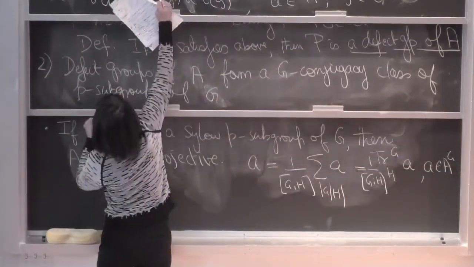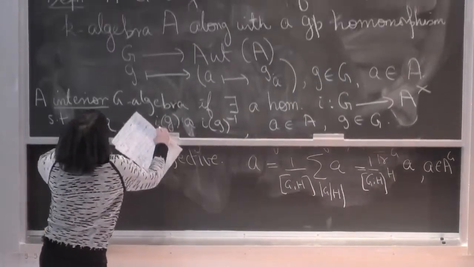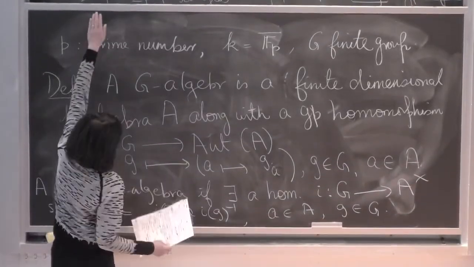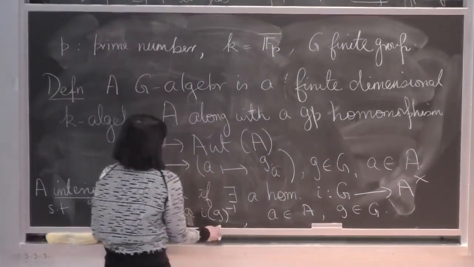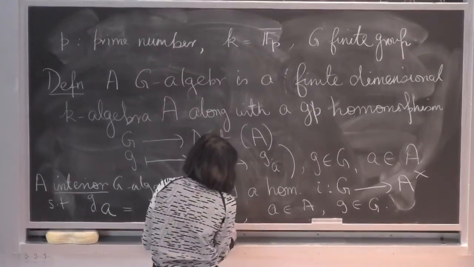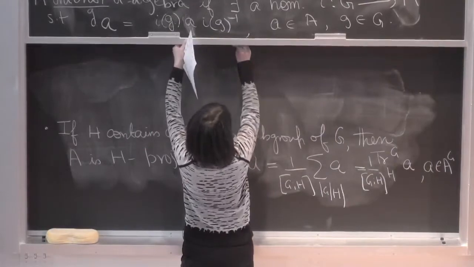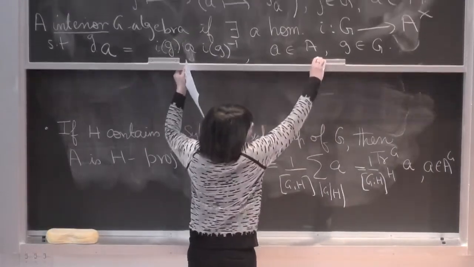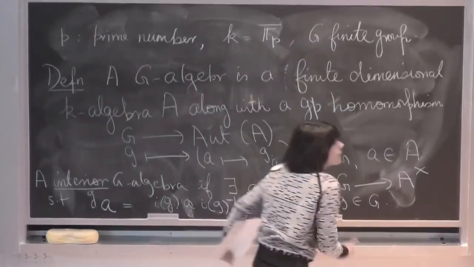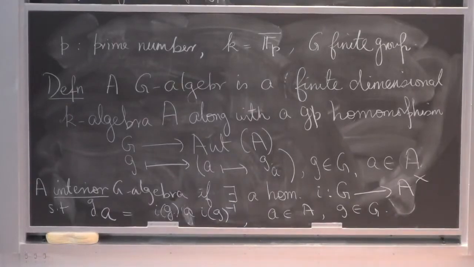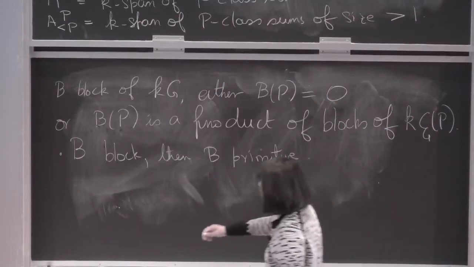And then I will put another statement, which is actually very important, so that's why I will put it. Yes, now that you're asking, that's right, every group has a block whose defect groups are the Sylow subgroups. Let me just put that here.